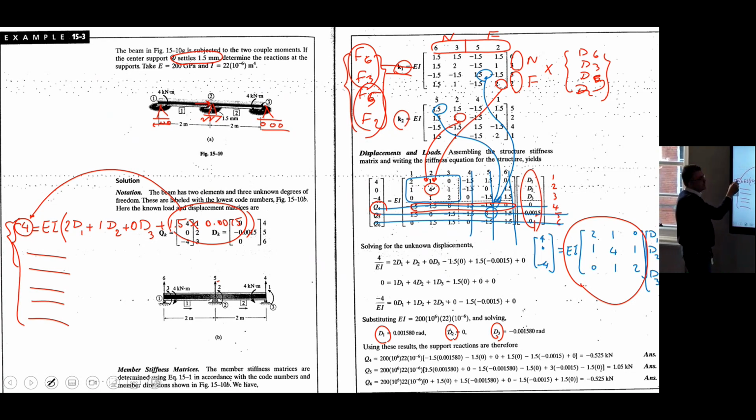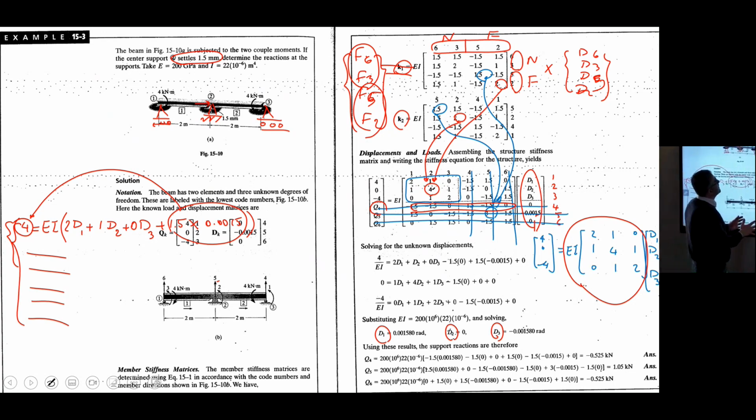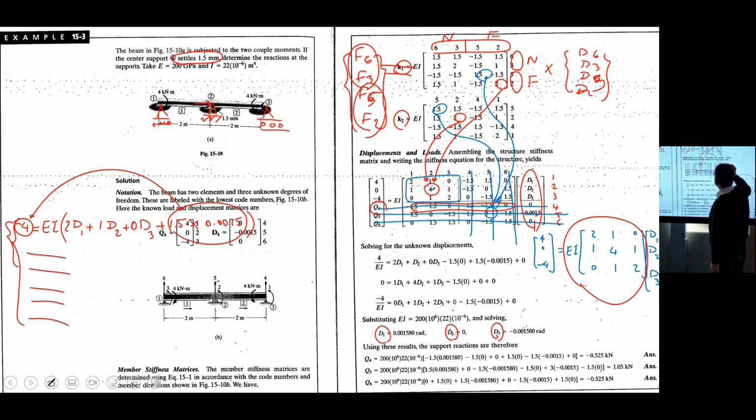And if you rewrite these first three again in matrix form, you will have something multiplied by d1, d2, d3 must equal this one. But this is not 4, 0, minus 4. It's something else. It means that the effect of settlement goes to the left-hand side of your equation and combines with the external forces.